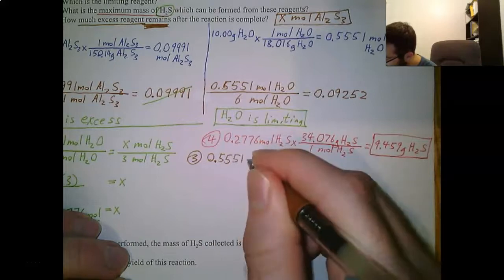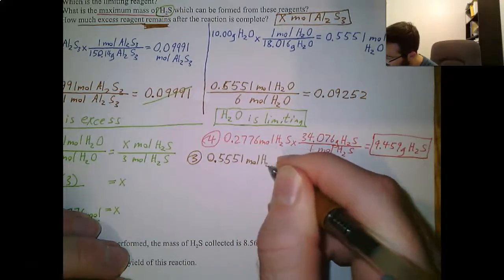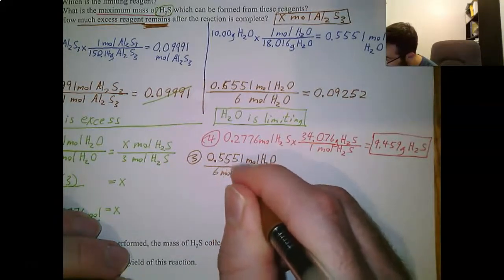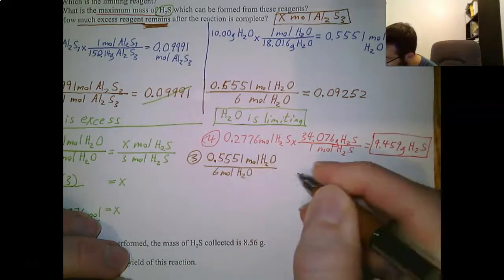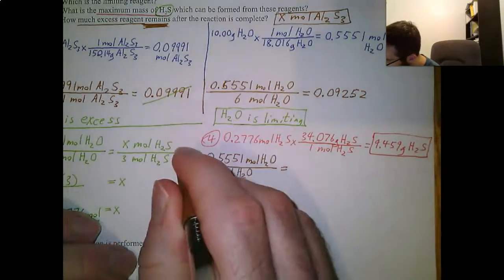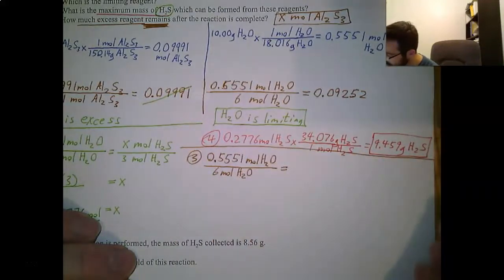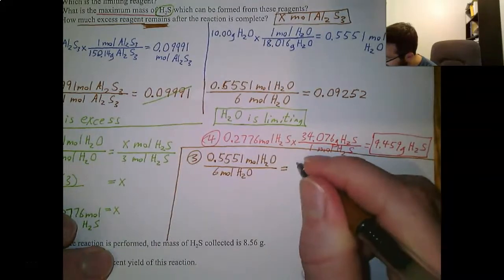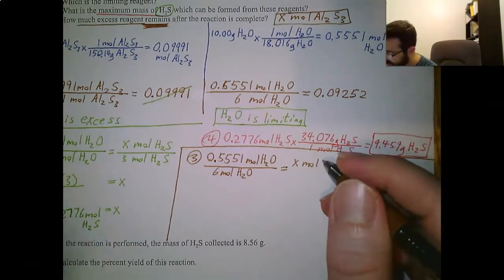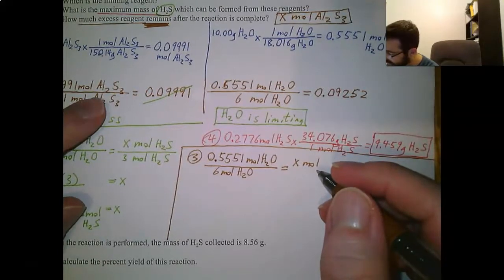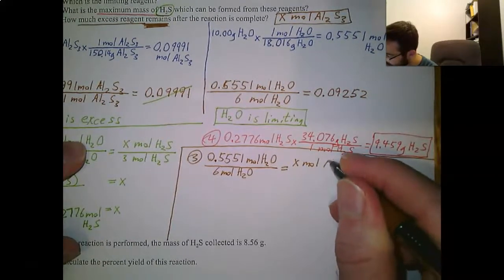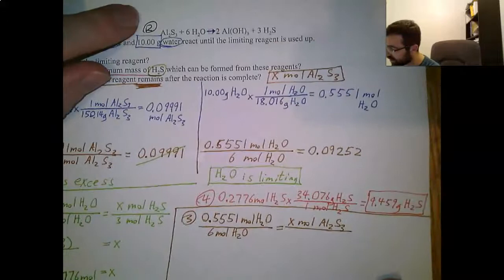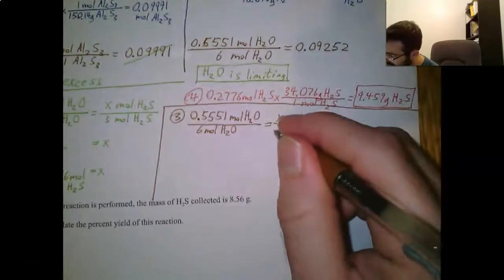So we have 0.5551 moles of H2O over 6 moles of H2O equals X moles of Al2S3, and again, looking at your equation, it's just 1 mole of Al2S3 on the bottom.